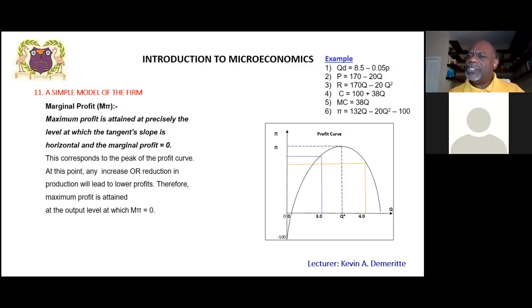If that's the case, should I try and sell a 179th item? No, because I'm only making just enough when I get to 178 to cover the cost of the 178th item. So my marginal revenue is the extra revenue I'm making when I sell each subsequent item.